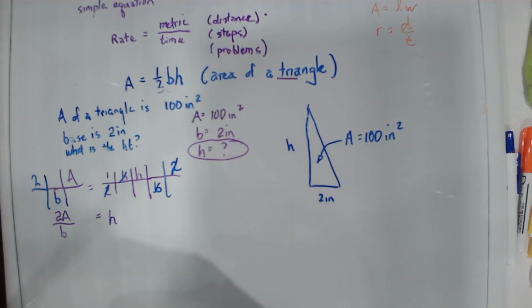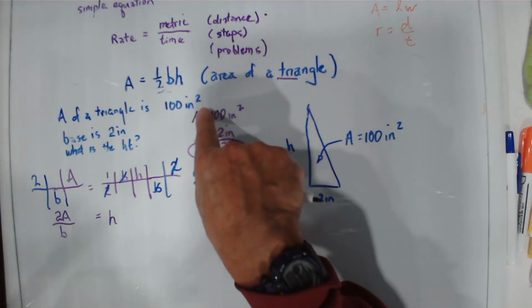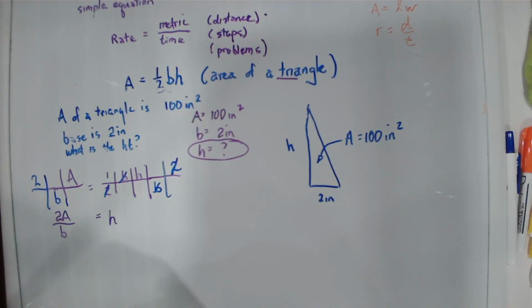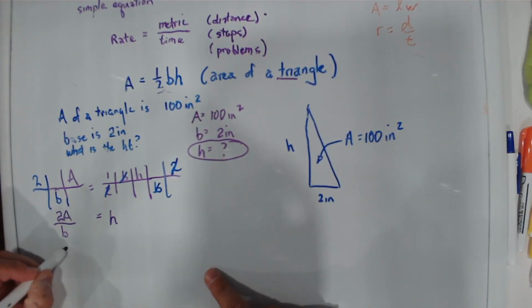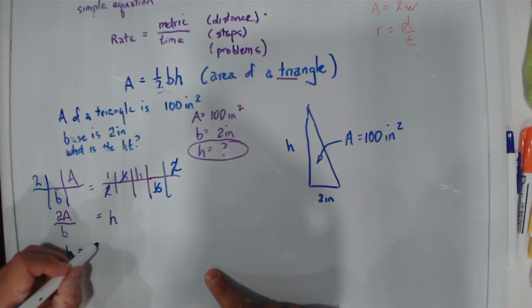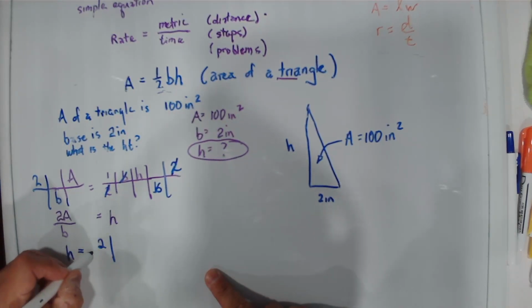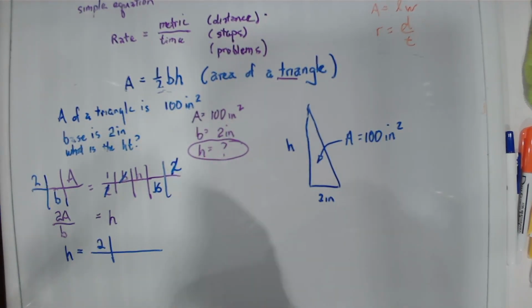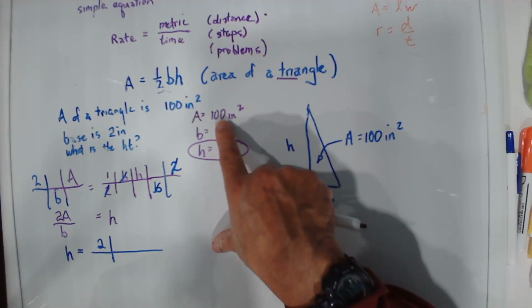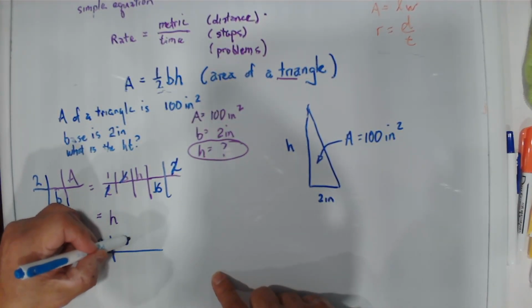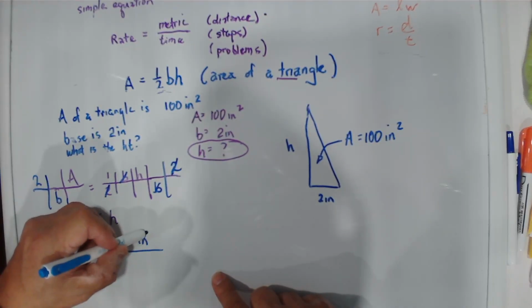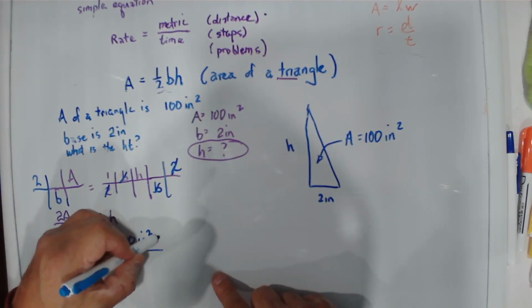All right, let's plug in what we know because we know what A is and we know what B is. So H is equal to 2 times the area. Oh, there it is. Area is 100 inches squared. Okay, good.